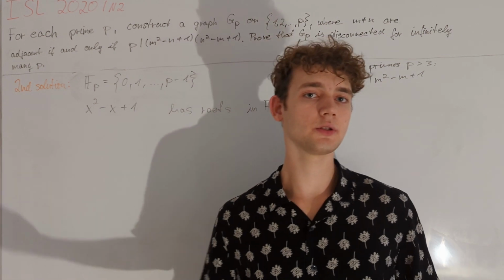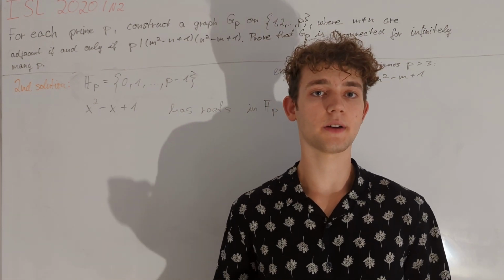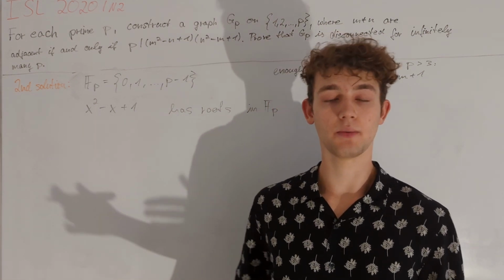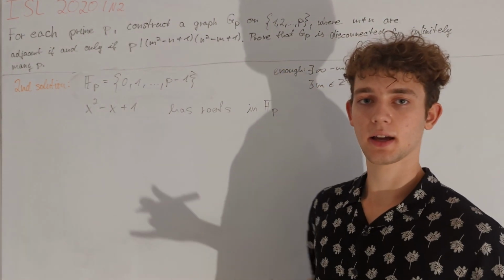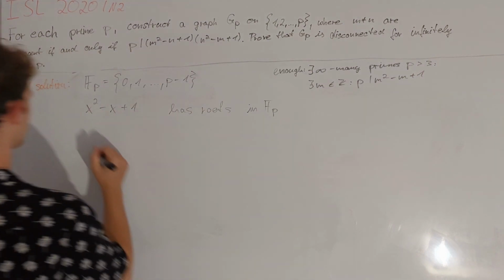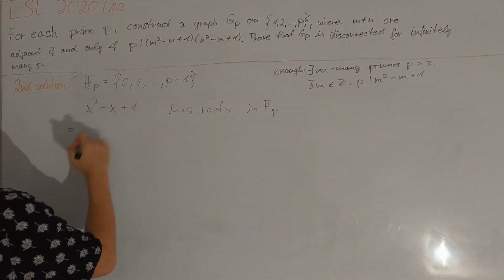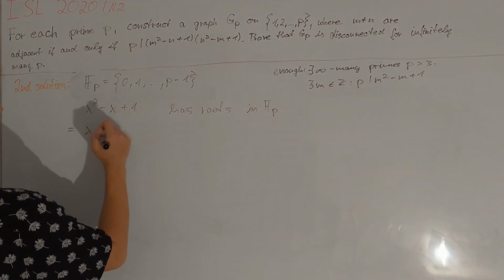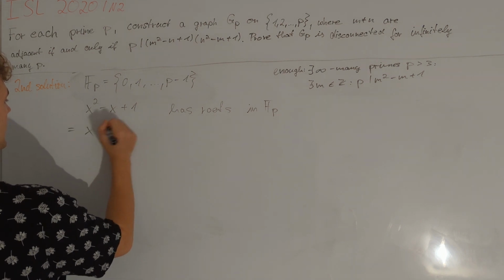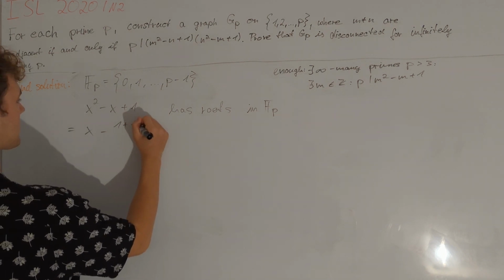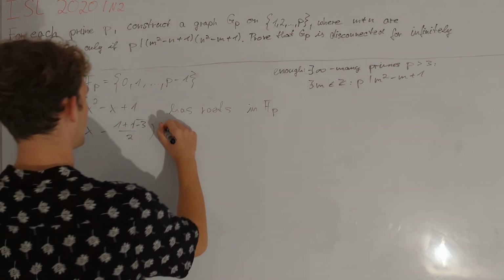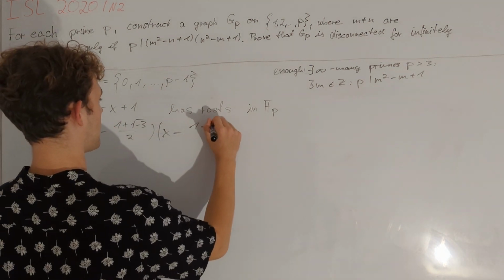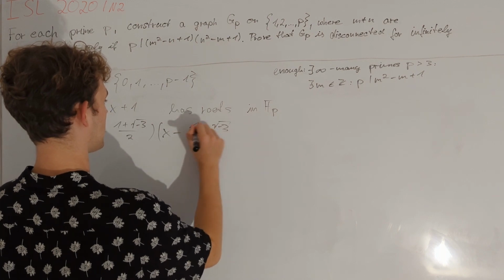The normal approach for doing that is to find a factorization for it. And we know that in the complex numbers, all polynomials of this kind can be factorized into linear terms. In particular, in complex terms, x squared minus x plus 1 is equal to x minus (1 plus the square root of negative 3) over 2, multiplied with x minus (1 minus the square root of negative 3) all over 2.